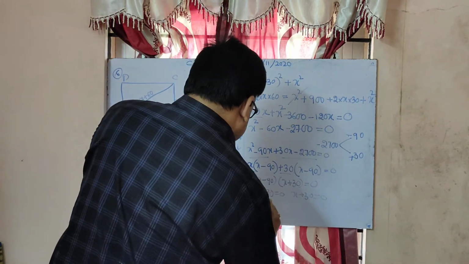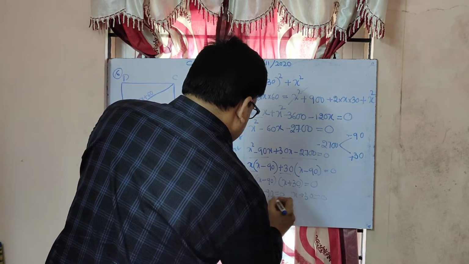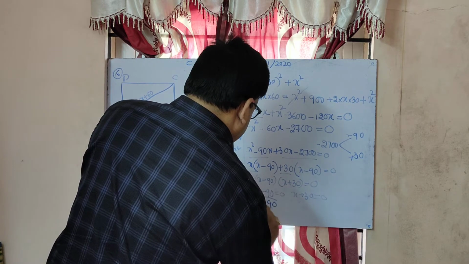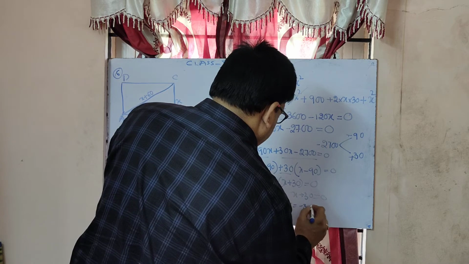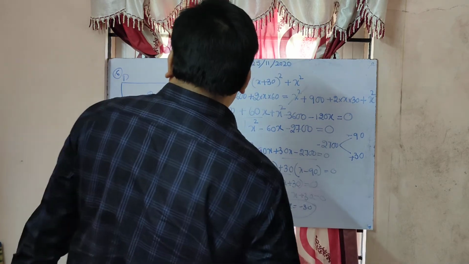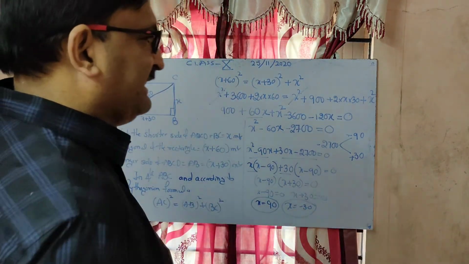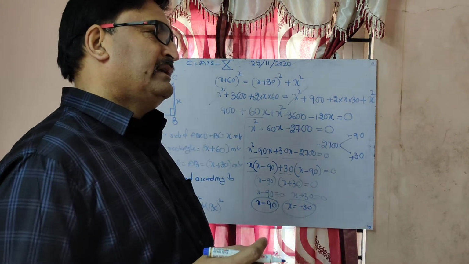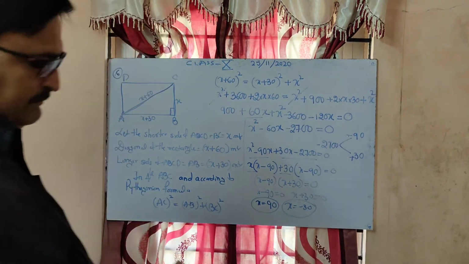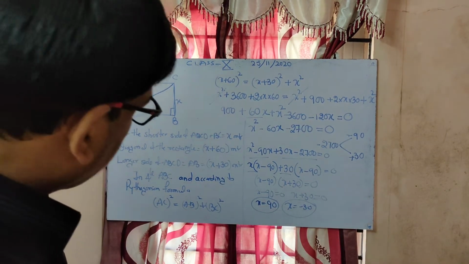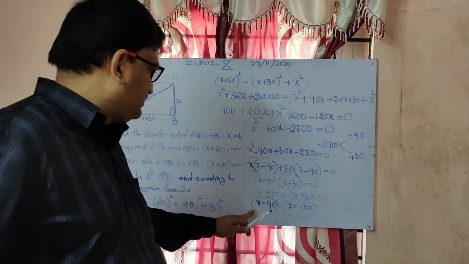So now x equal to 0 plus 90, that is 90. This is one value. x equal to 0 minus 30 is minus 30. This is another value. Now, the length cannot be negative. We all know length cannot be negative. Therefore, we take x equal to 90.